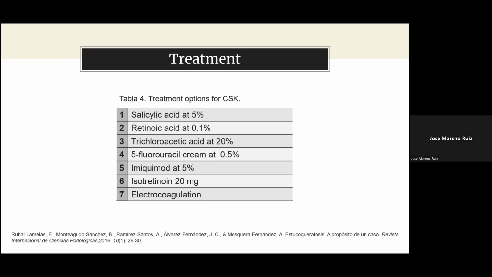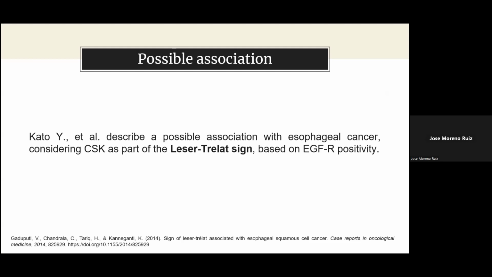But if we could treat the patient, we would use salicylic acid at 5% twice a day, retinoic acid at night, trichloroacetic acid or 5-fluorouracil cream, isotretinoin, and electrocoagulation if the lesions are limited to one region of the patient.